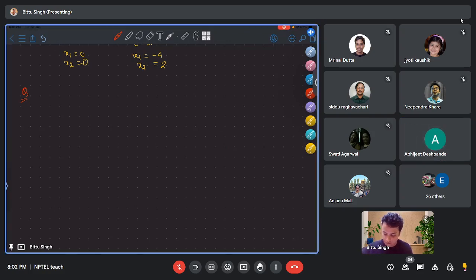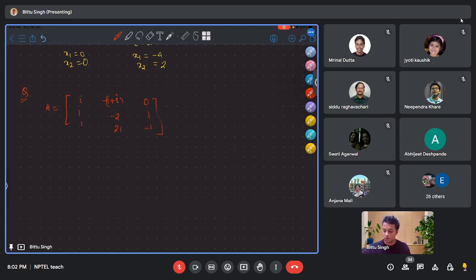Here it is given like this. A is the matrix with rows: i, minus 1 plus i, 0; then i, 1, minus 2; then 1, 1, 2i, minus 1.